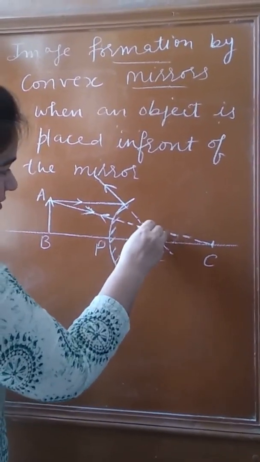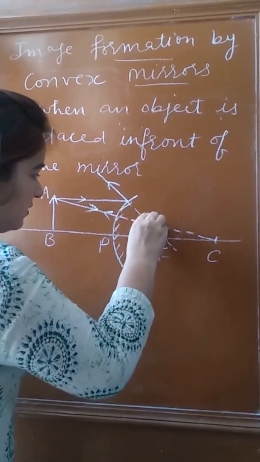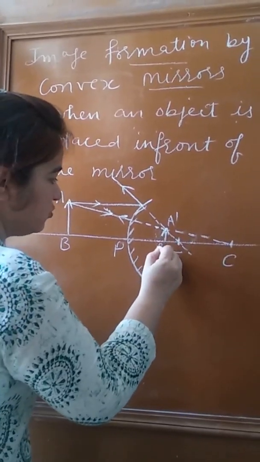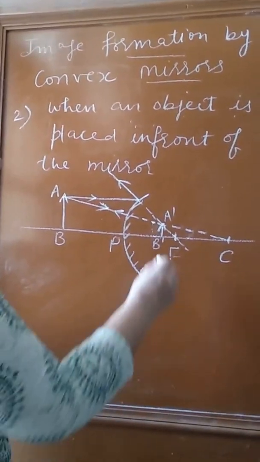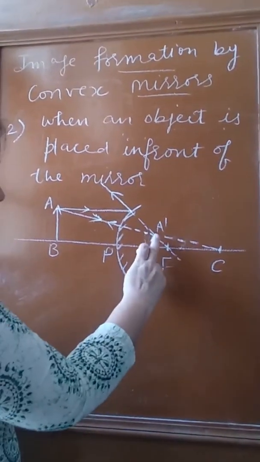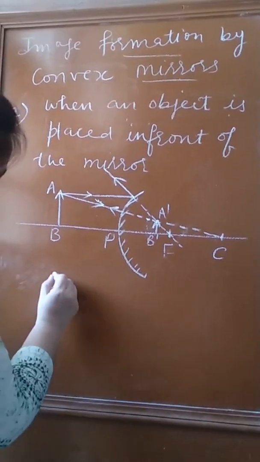These rays appear to meet at this point and a virtual image of the object AB is formed, A dash B dash, behind the mirror.